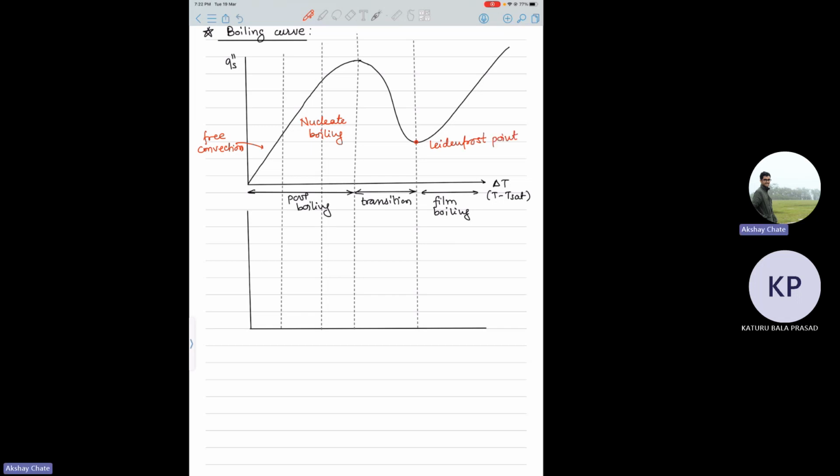Sometimes they ask, so basically you want to avoid this point. Sometimes what they do, after achieving the maximum heat flux, when it starts to go down, is they don't maintain constant temperature for the heating wire.